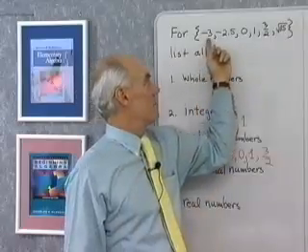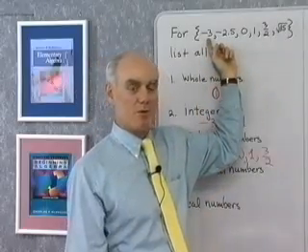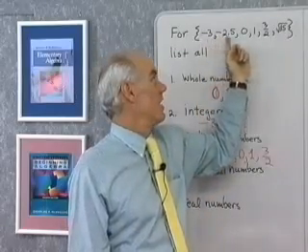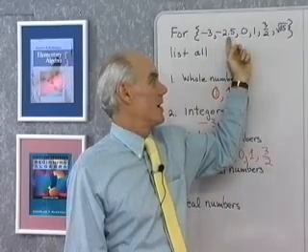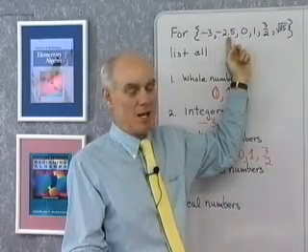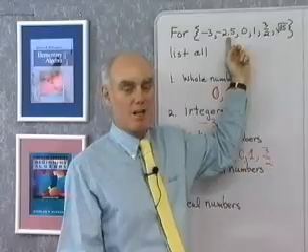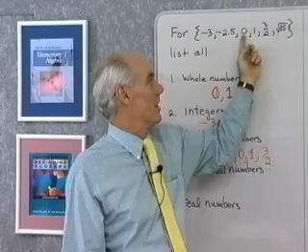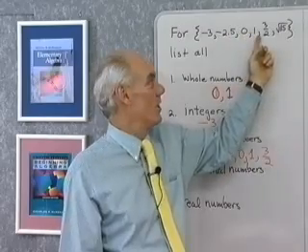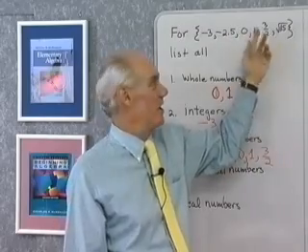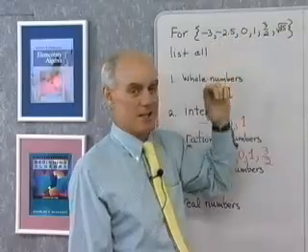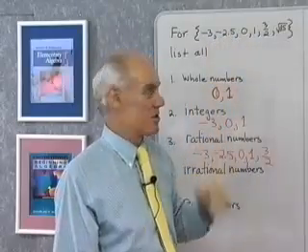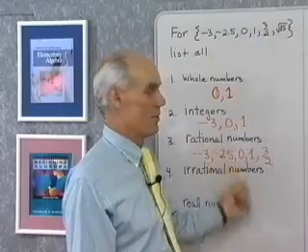Negative 3 is a rational number because it can be written as the ratio of negative 3 to 1. Negative 2.5 is a rational number because it can be written as a lot of different ratios, but one of them would be negative 25 to 10. 0 to any number really, 1 to 1, 3 to 2. So any number that I can write as a fraction, that is the ratio of two integers, is considered to be a rational number.